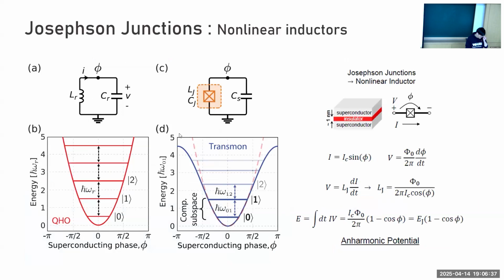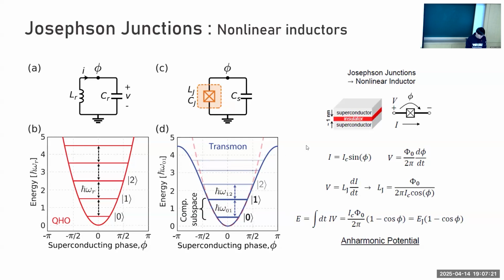So we can compare the harmonic oscillator and the Josephson junction. The harmonic oscillator has the same differences in energies: from the zero state to the one state and from the one state to the two state have the same energy difference. But in the transmon, which is a Josephson junction, the zero to one transition has the biggest energy difference, and the other energy levels are all different.